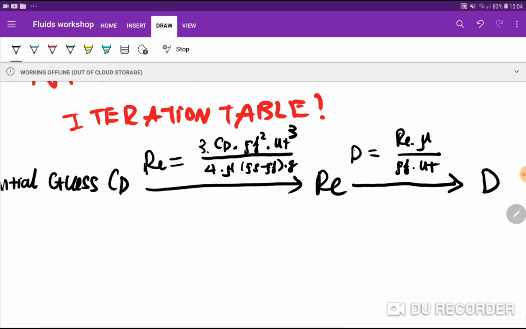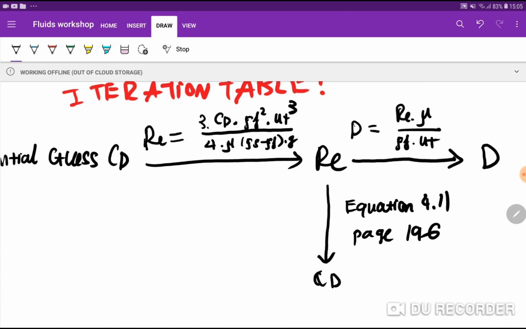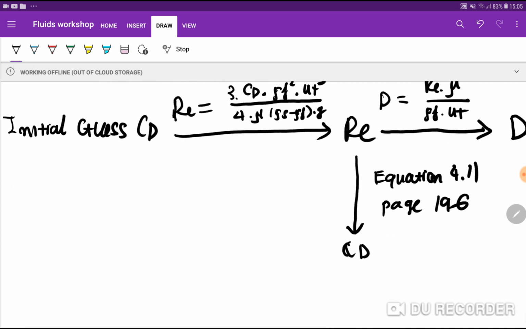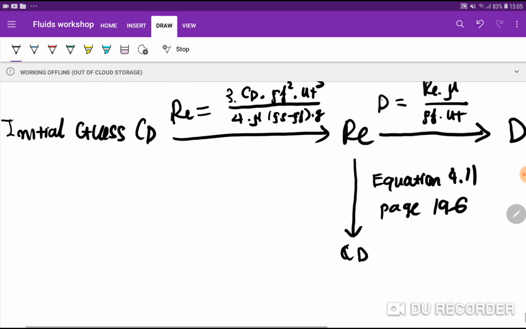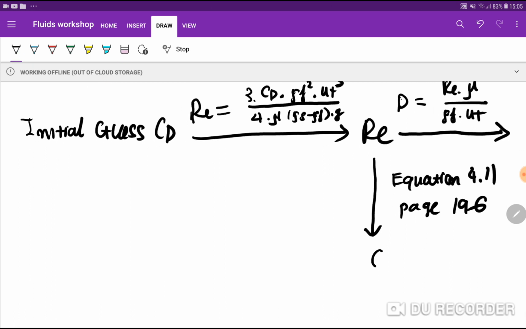Okay, so from the Reynolds number to Cd, you're going to use equation 4.11 on page 196. And then you repeat the loop. You're going to repeat the loop.